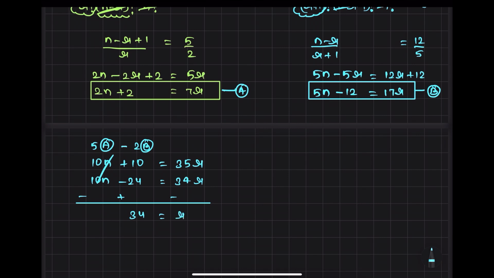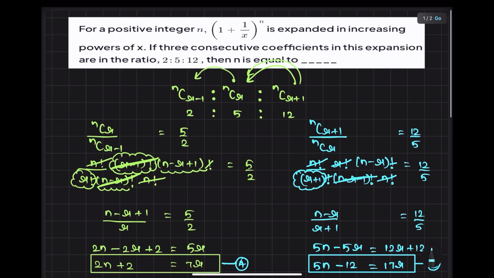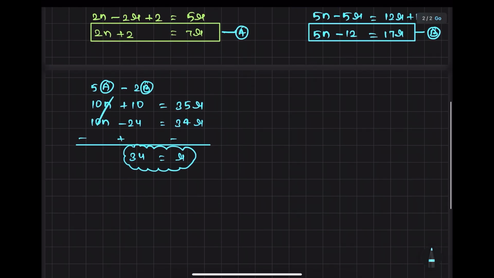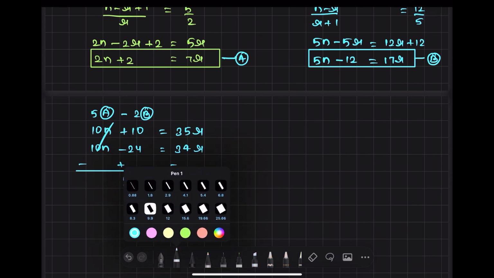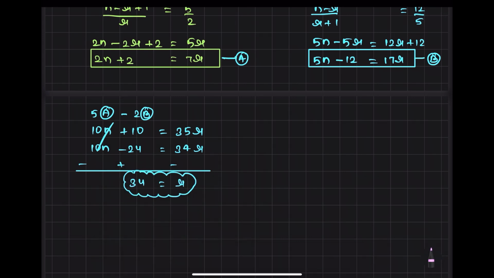So we got the value of r as 34. Okay, but what is the required thing? The required thing is n. So let's try to calculate n. So I will use equation A. Okay, so look at this. Can I take 2 common?